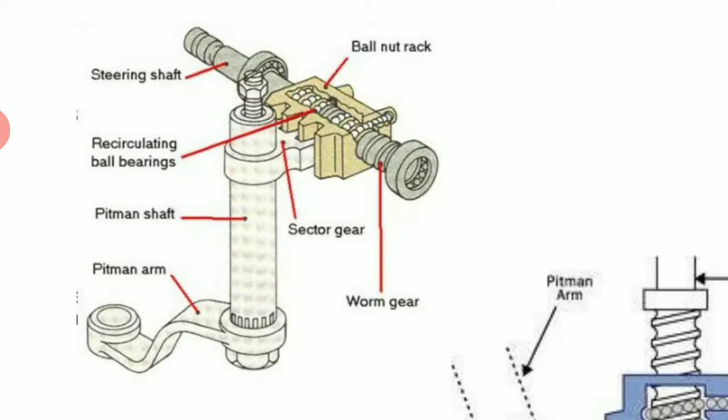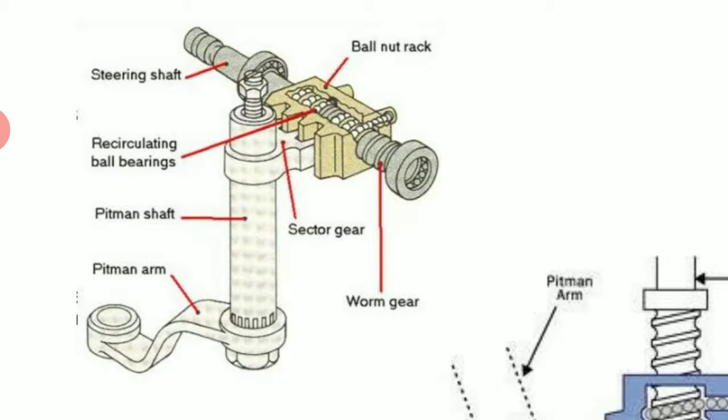The steering shaft carries the worm. Towards my right hand, you can see the steering shaft carries the worm and the nut rides on the worm with two sets of balls in the grooves between nut and worm.